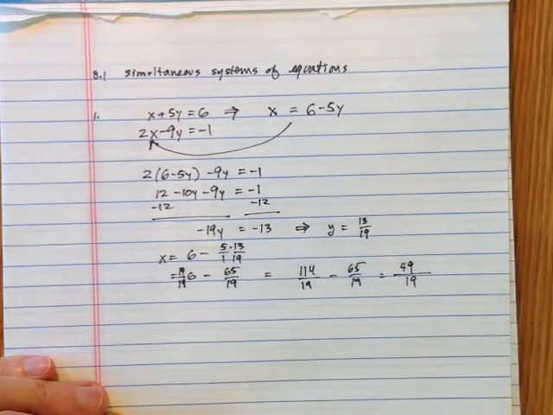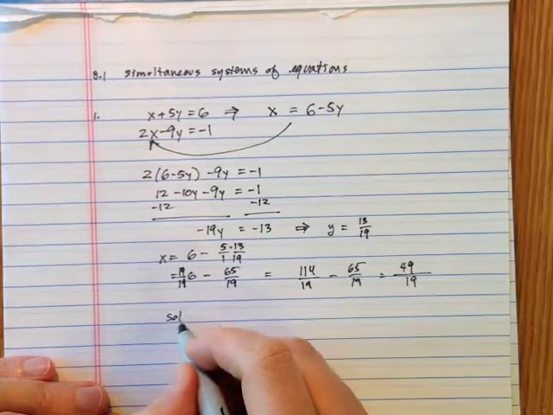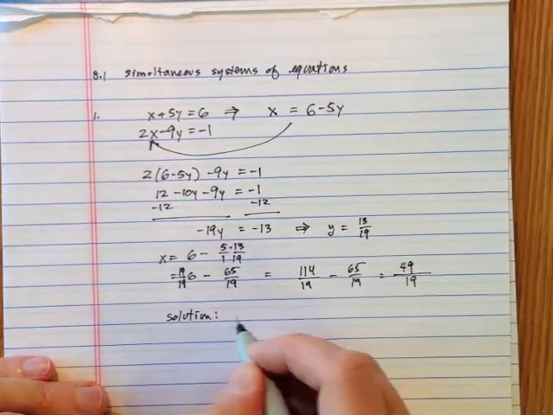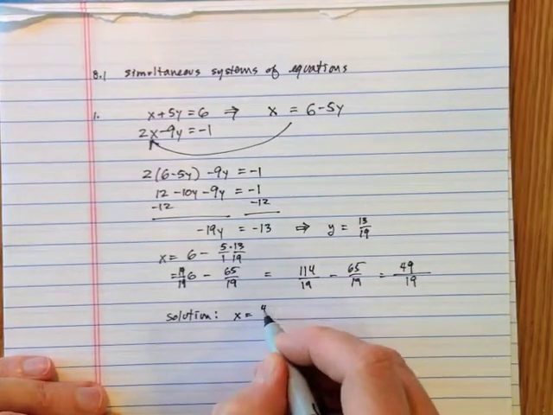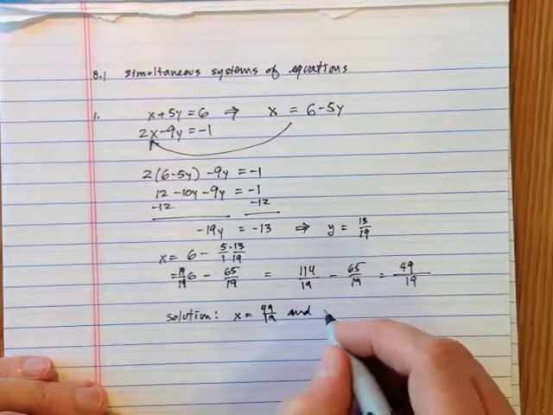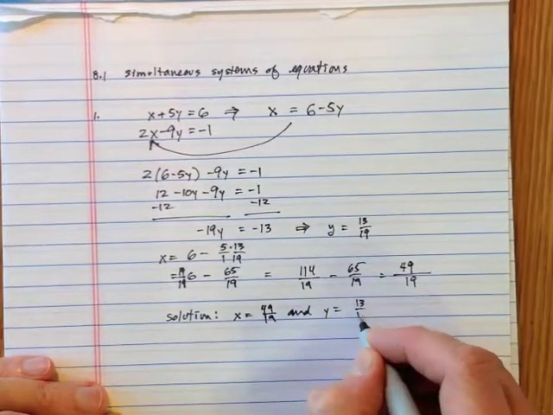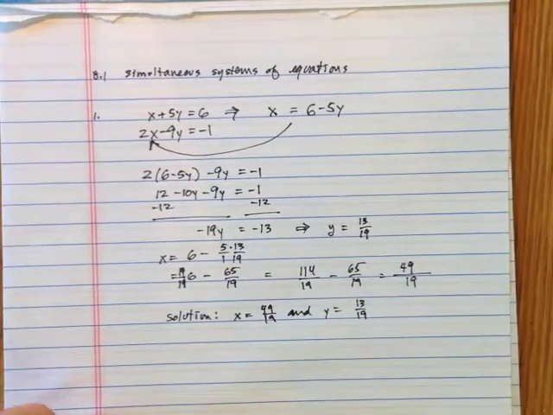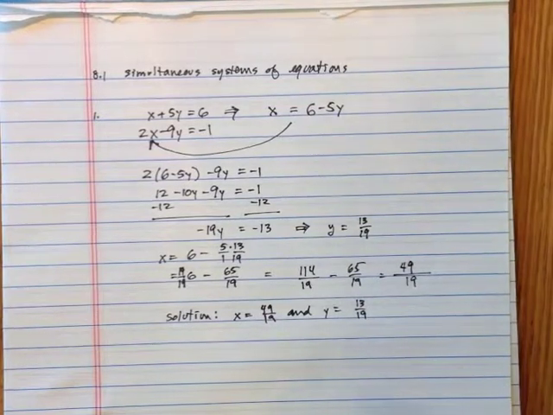Yeah, 49 over 19. Beautiful. So the solution is, just to underscore this, the solution is x equals 49/19 and y equals 13/19. The solution is an x and a y value that together make both equations true.